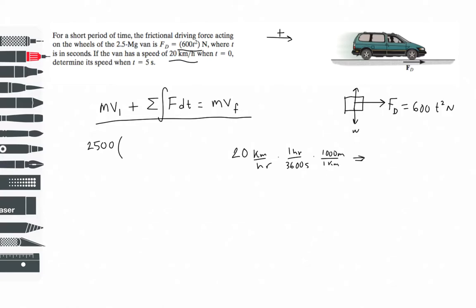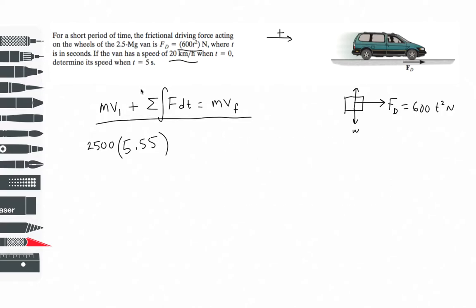So 20 divided by 3,600 times 1,000 is 5.55 meters per second. Plug that in right here. Now I'm going to delete this so we have some space to work with.